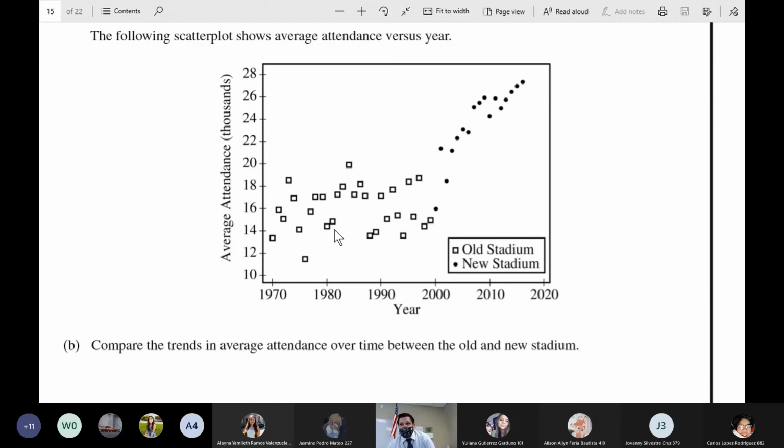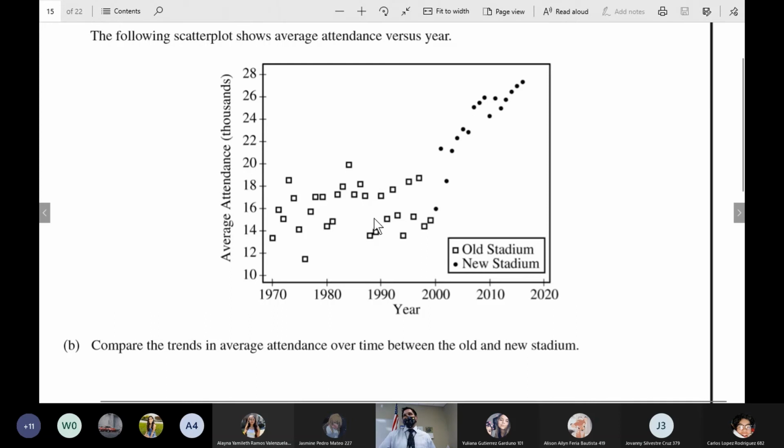It is also obvious that the old stadium's rate of increase was much slower than the new stadium. If we imagine the lines going through these, this has a much slower slope than this one. So we can say that.